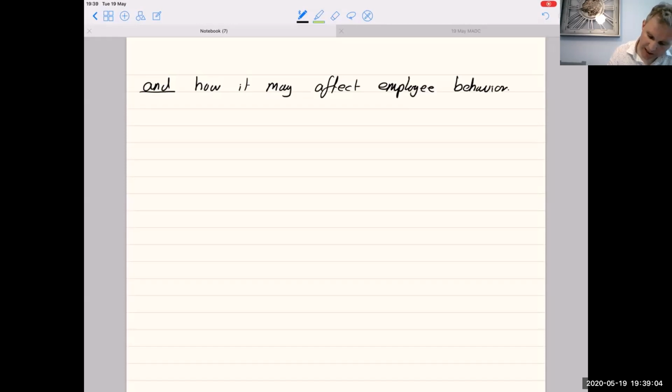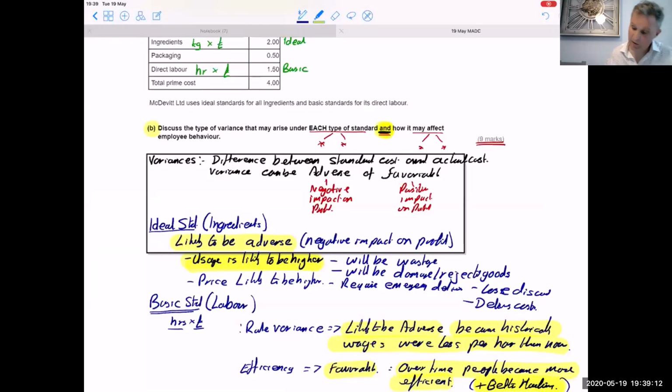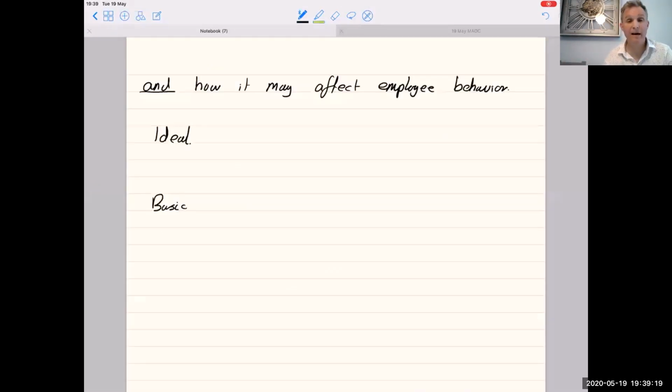We have those two standards, the ideal standard and the basic standard. Now, I do think in this question, of those 9 marks, most of them are here, but some of them have to be over here for how they're going to impact on people's behaviour.